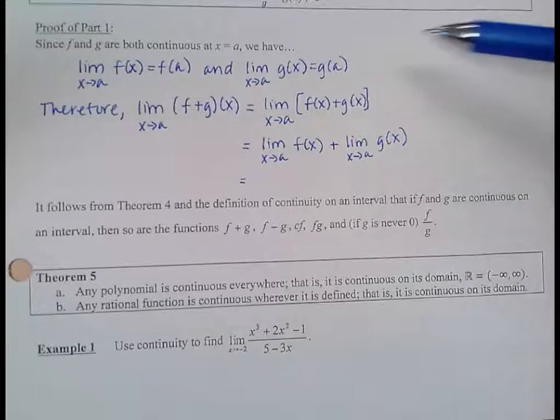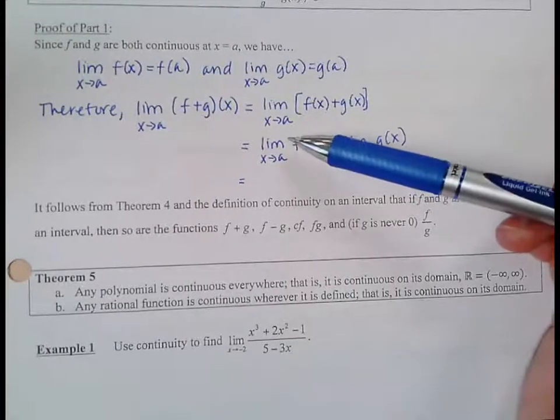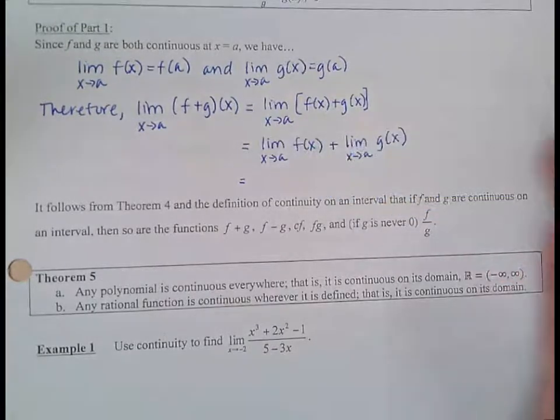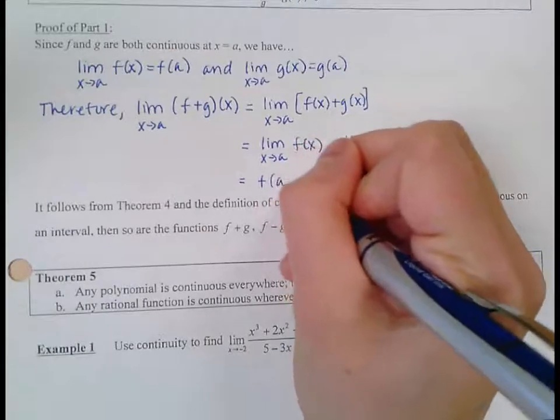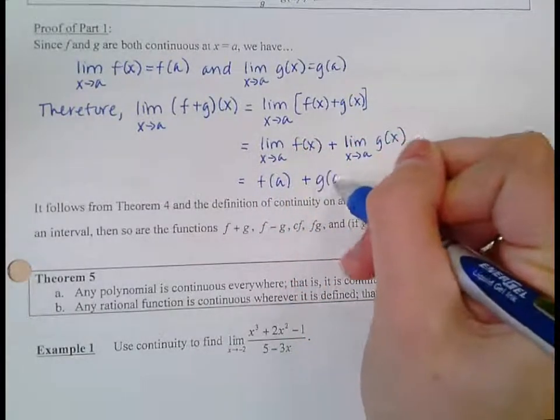And then from above, based on the fact that f and g are both continuous, I know the values of both of these limits. The limit as x approaches a of f is going to be f of a. The limit as x approaches a of g is g of a.